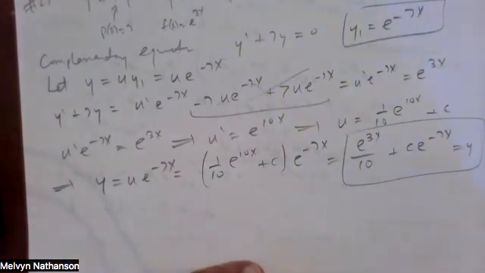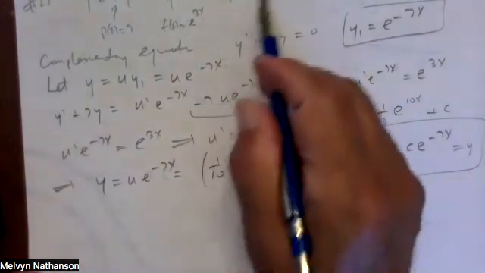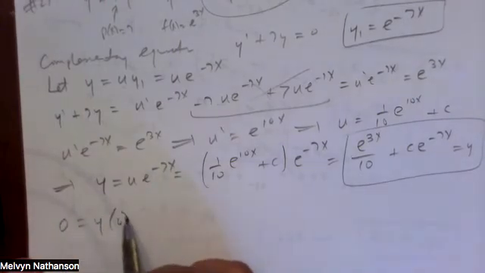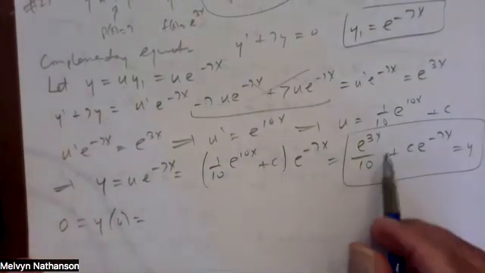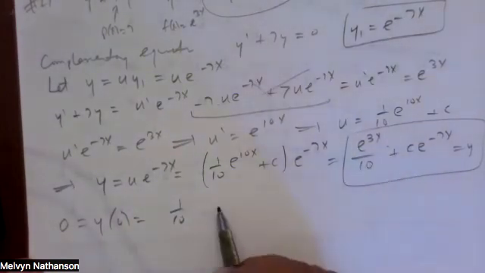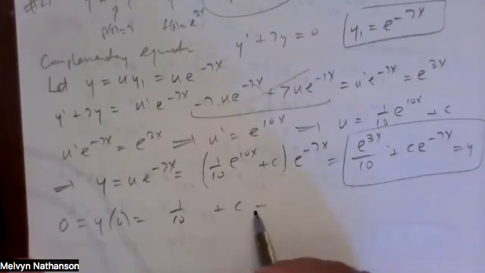So this is the general solution of the differential equation. And we want to find the particular solution where y of 0 equals 0. So 0 has to be the function y evaluated at 0. When you let x equal 0, you get 1/10 plus c.